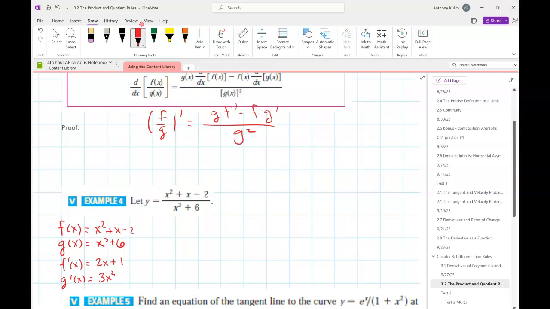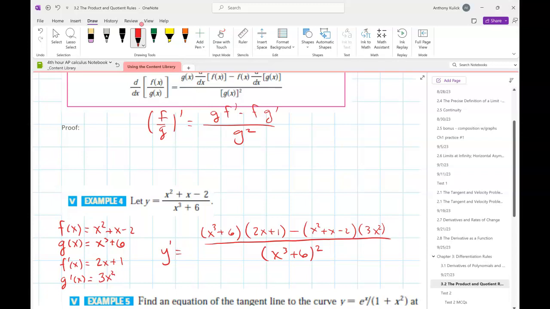I get it. So y prime is going to be g times f prime minus f times g prime over g of x squared.